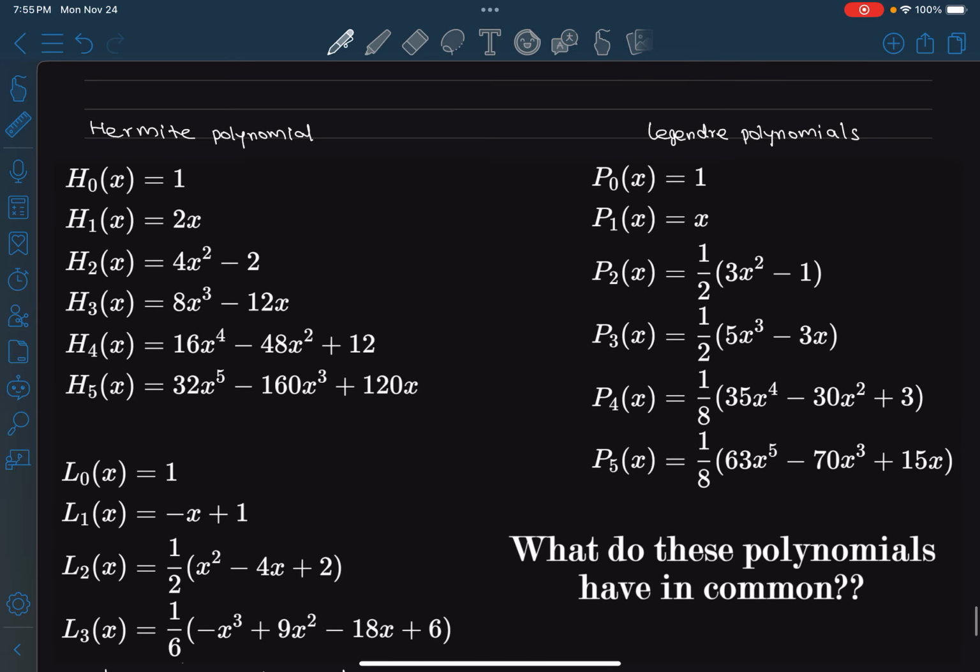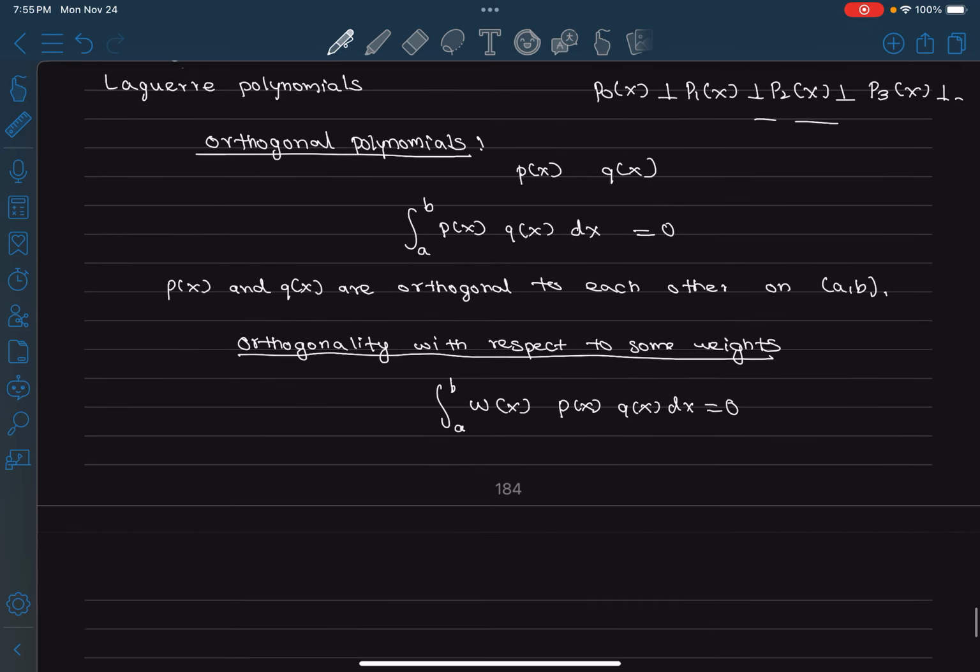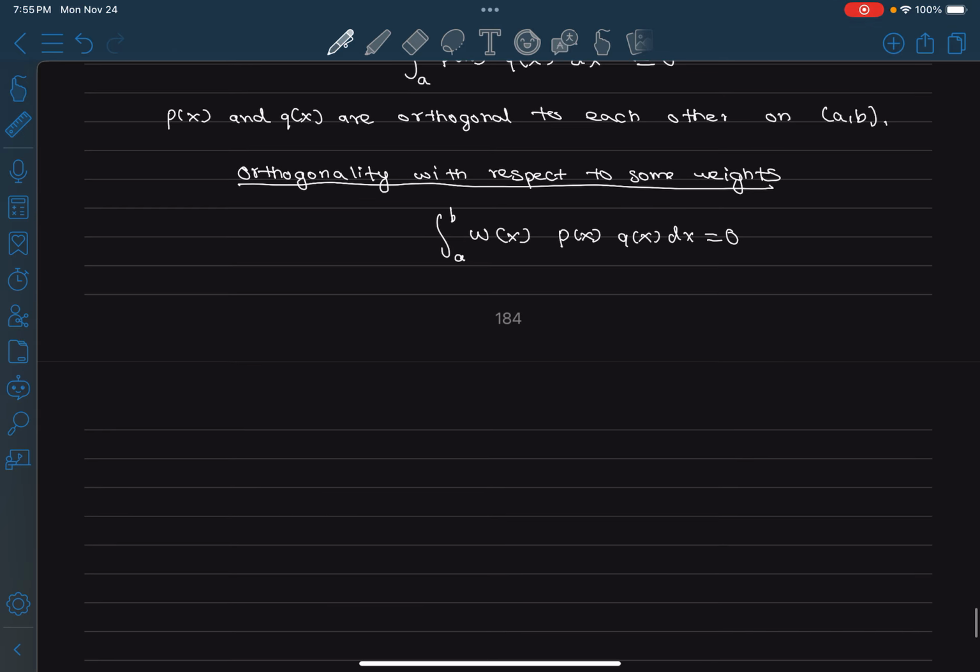Now I will just tell you that for the Legendre polynomials, the orthogonality is such that the integral from -1 to 1 of Pm(x) Pn(x) dx is equal to 0, and this holds only if m is not equal to n.